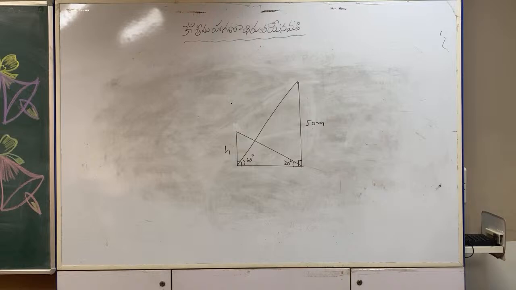Tan 60 is equal to 50 by x. So root 3 is 50 by x. x is equal to 50 by root 3. Fast.